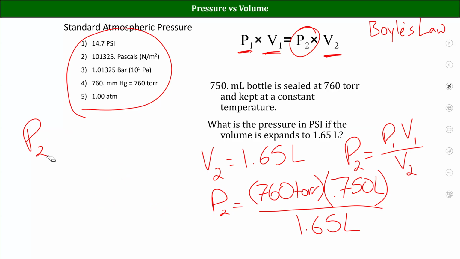If your units don't cancel out, then you did something wrong. You have to start by doing a conversion somewhere. We want our units before and after to be the same so that they cancel out. Otherwise, this doesn't work. It doesn't matter what volume units or pressure units you use, as long as you're consistent.